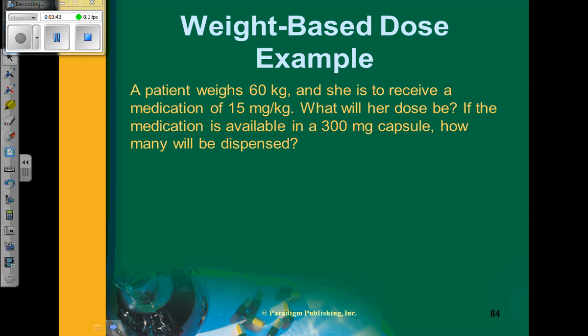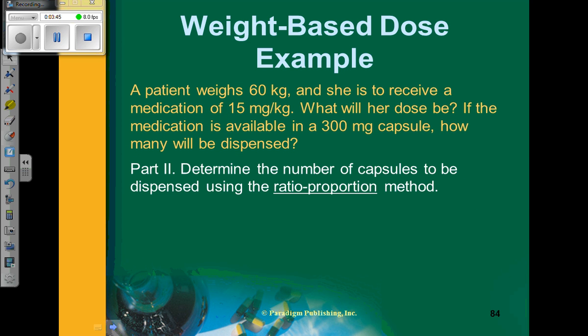So next, you want to determine the number of capsules to be dispensed using the ratio proportion method. So we know her dose is going to be 900 milligrams. We're trying to find X capsules. If you look up here, the medication is available in 300 milligram capsules, which could be worded 300 milligrams per 1 capsule.